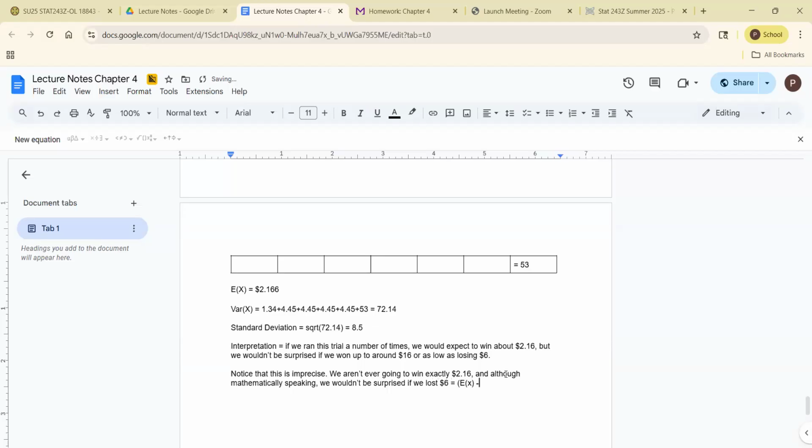That's the expected value minus the standard deviation. This couldn't actually happen for real. The most we could lose is $3. So when you calculate the variance and the standard deviation of a discrete probability distribution, they give you an idea for your range of possible outcomes, but it's not going to be precise and it's not going to be exact. And so I want you to keep that in mind.